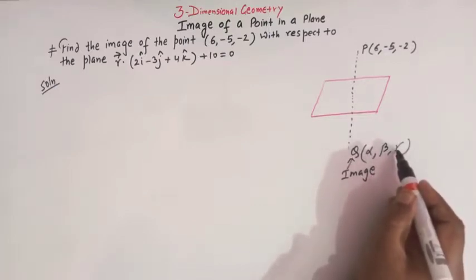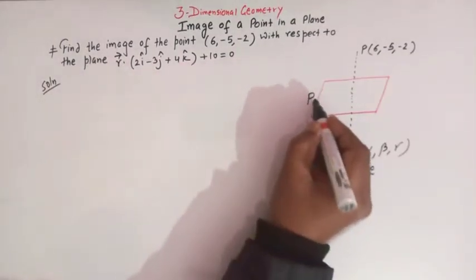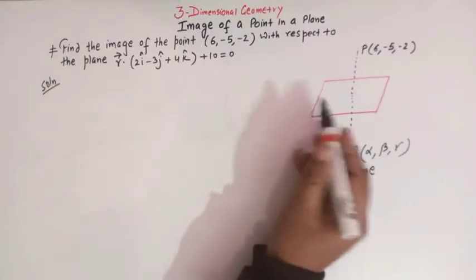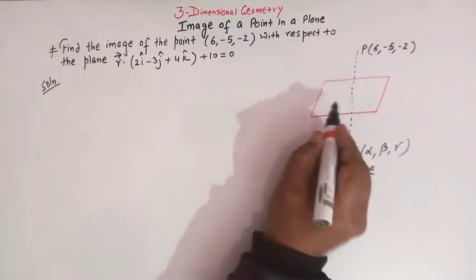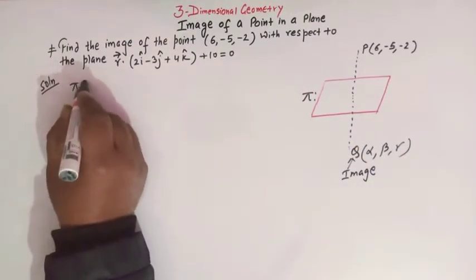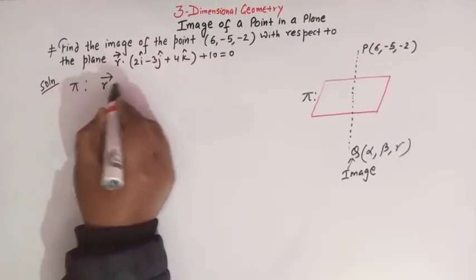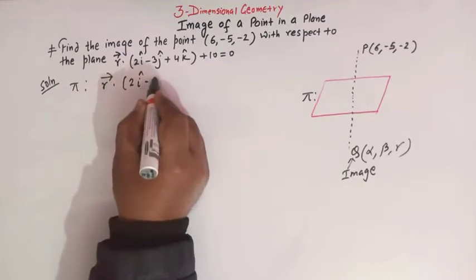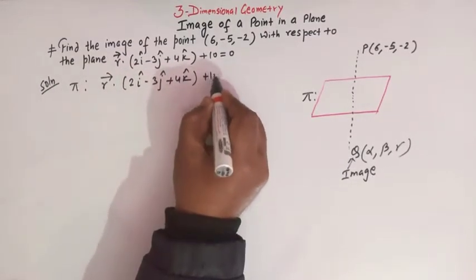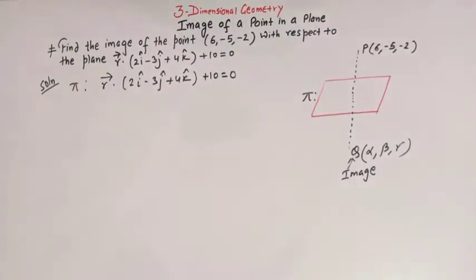So the image of this point P is this point Q, and we have to find the values of alpha, beta and gamma. Now we can denote this plane by the letter pi, and the equation of the plane pi is given by vector r dot (2i cap minus 3j cap plus 4k cap) plus 10 is equal to 0. Now we can convert it into the Cartesian form.